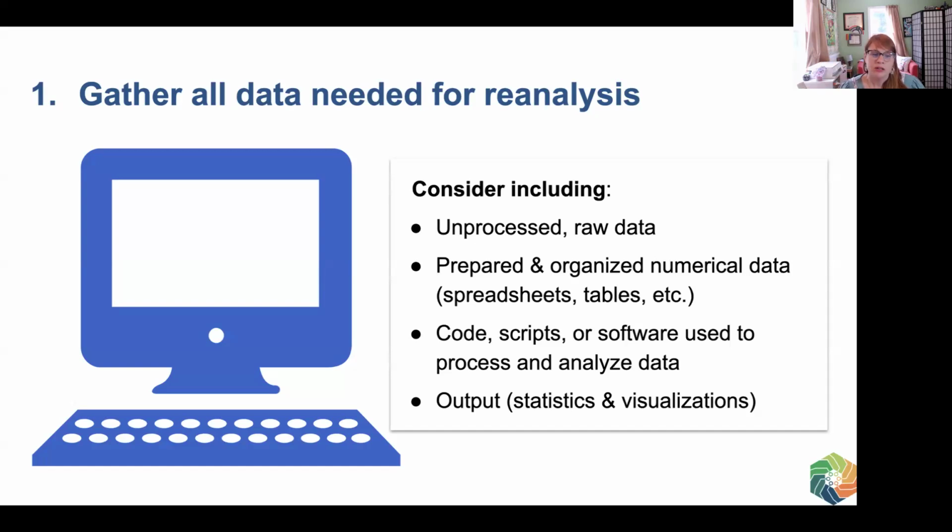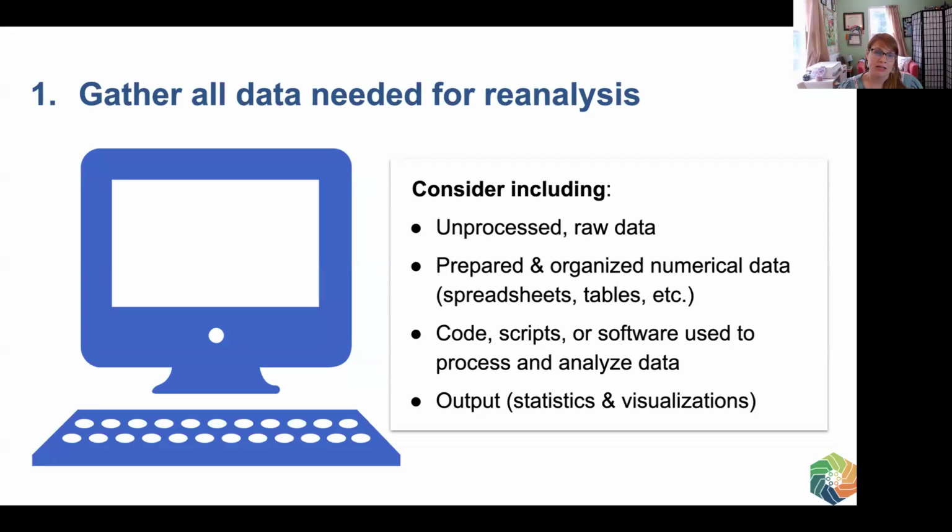In addition, we want to include the scripts and the code or the software that has been used to process or analyze the data. So including those things ensures that results are reproducible. So having both the data and the process that you took to create the output allows others to be able to go back and replicate or recreate that study.